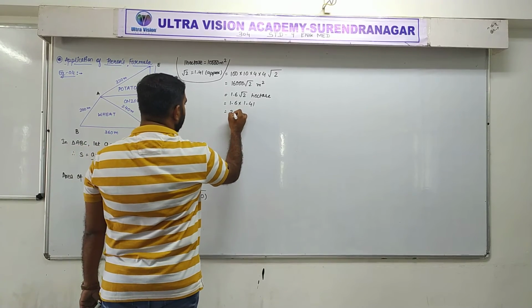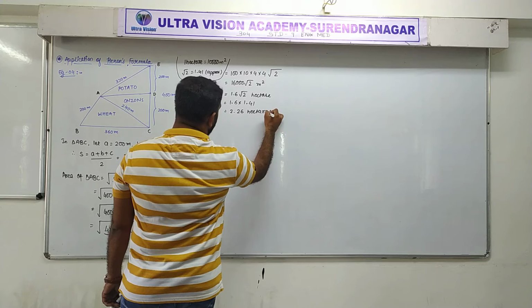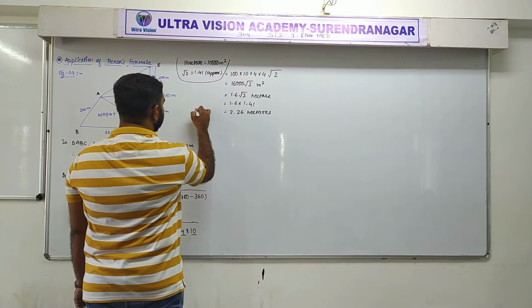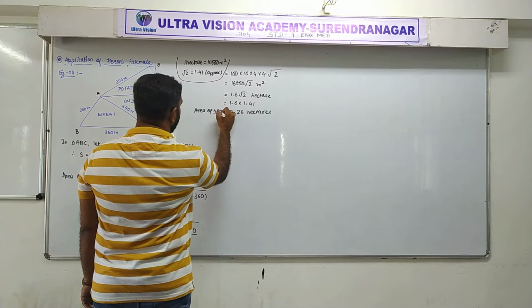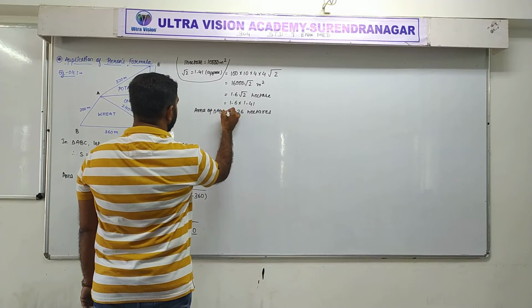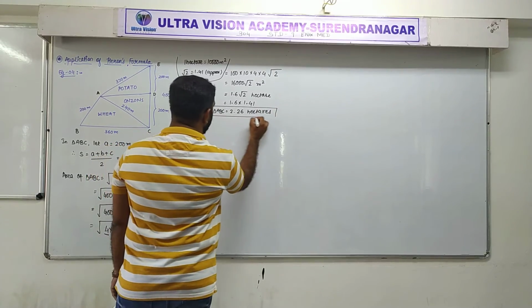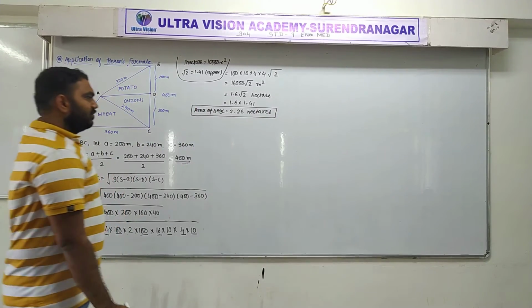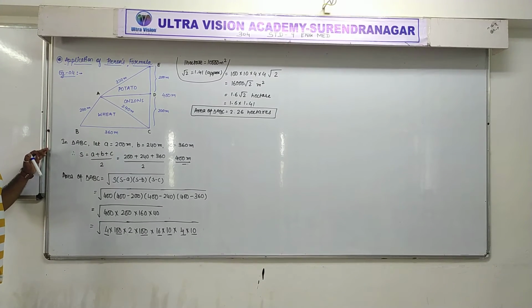That is approximately 2.26 hectares. What is this? Area of triangle ABC. In this much area, she will grow wheat, 2.26 hectares.